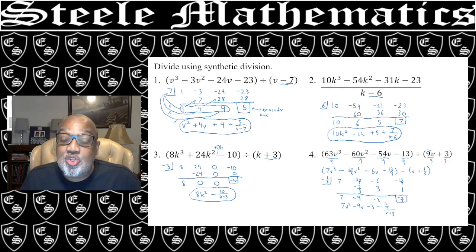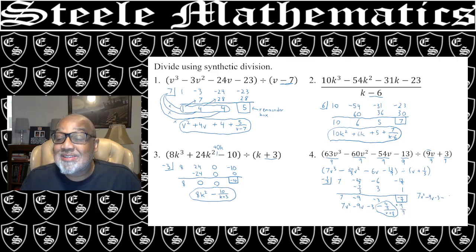So now what we're going to do is we can rewrite this part so that there's no fractions. So we're going to rewrite 7v to the second minus 9v minus 3 minus. Now what we're going to do here is we're going to multiply this by 9 over 9.